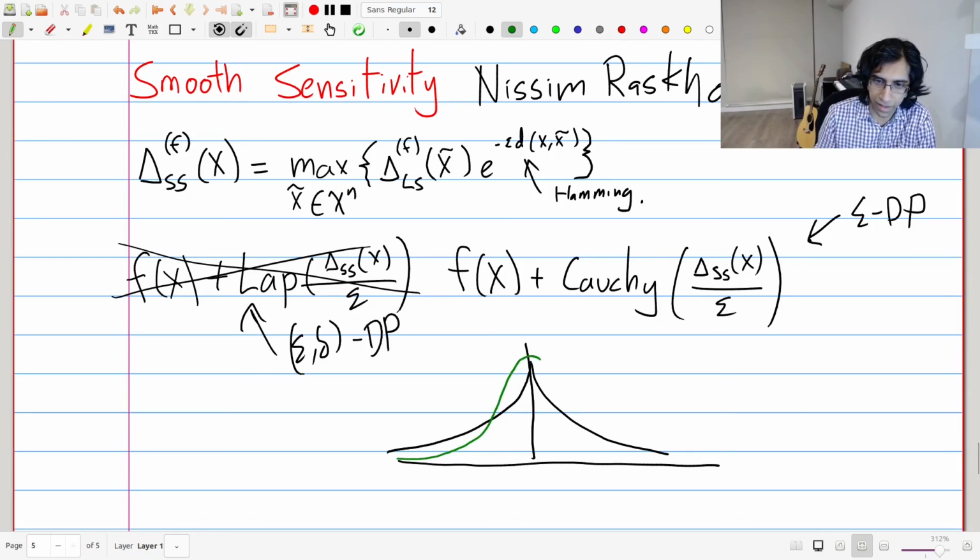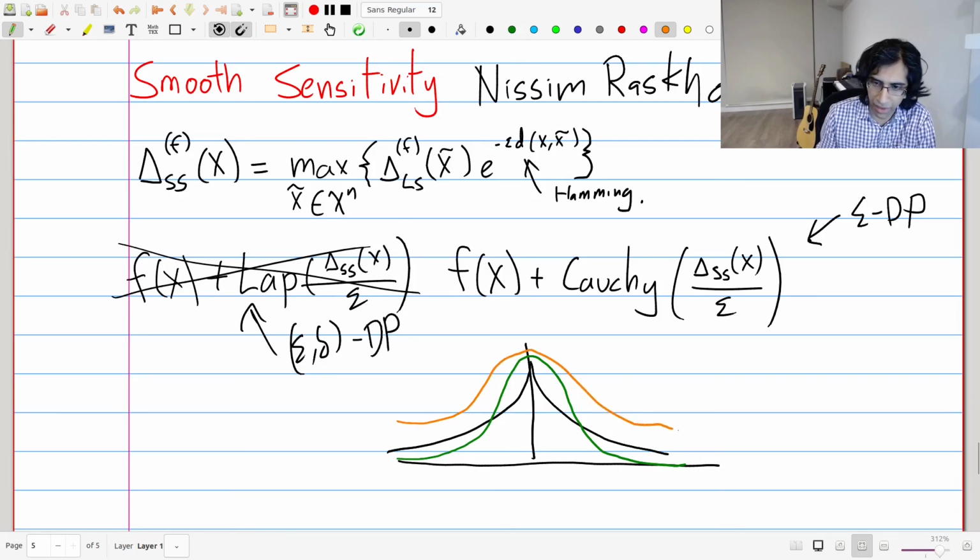It looks something like this. So you can see that once you get past a certain point, the tails decay very quickly, faster than a Laplace distribution. But a Cauchy distribution, on the other hand, I can't actually remember perfectly what it looks like. I think it looks something like this. But the point is it has much heavier tails.